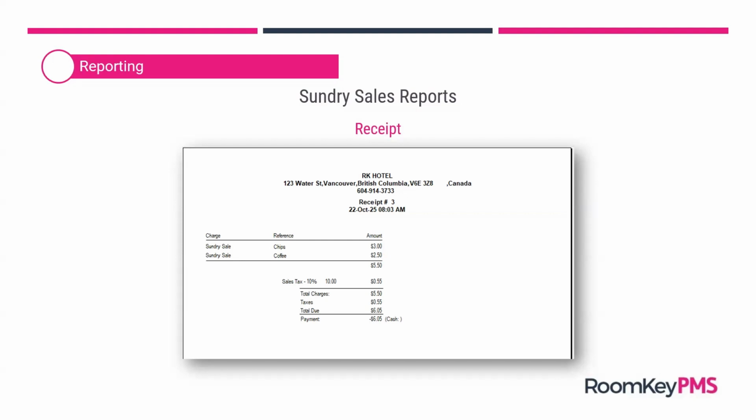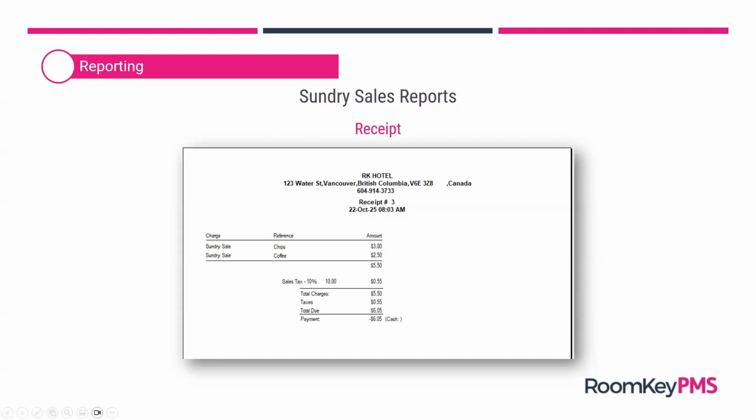It is up to you if you want to print and provide the receipt for the guest, but each sale is going to have its own receipt number listed here. And like I said, these receipt numbers are reused, or reset, each day. So this is receipt number 3 for today's date, October 22nd.